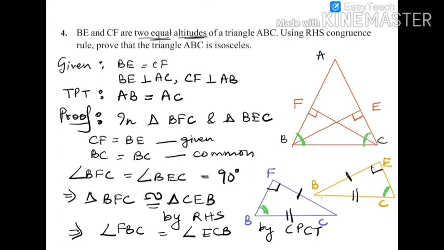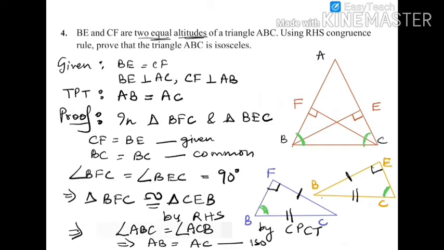And if these two angles are equal, we can say that AB is equal to AC, isosceles triangle property. So now we have proved that triangle ABC has two sides equal, so it is an isosceles triangle.